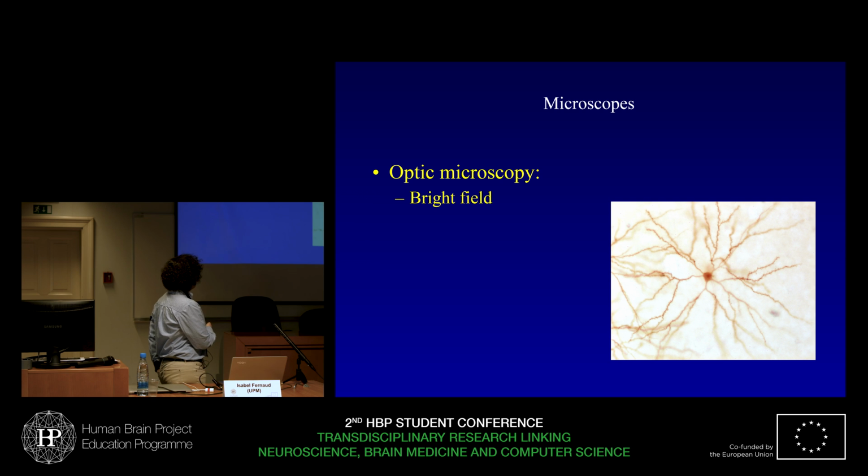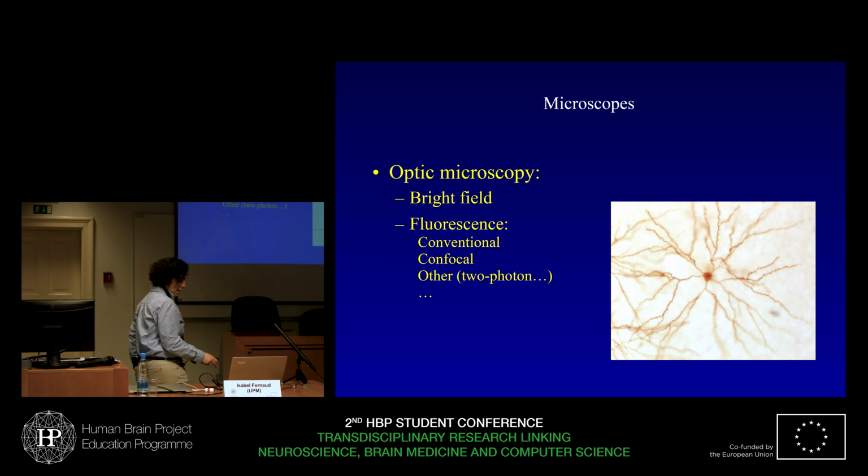Where you have neurons, you need a staining that allows you to visualize the neuron. Usually these are precipitates of some kind of salt on the structure you want to visualize, because you are illuminating with white light, or you can use fluorescence.